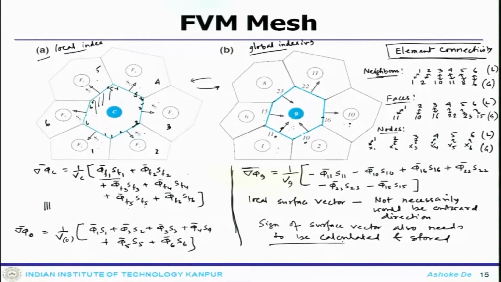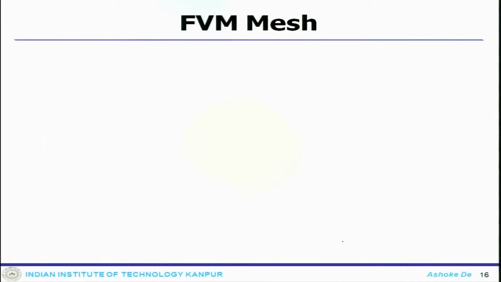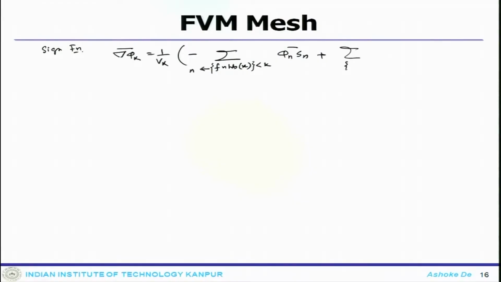Okay. So, how one can do that? So, let us say for sign function, one can use this kind of gradient calculation, let us say delta phi k in general divided by 1 by V k minus summation f n b k less than k, that goes towards n phi n s n plus summation f n b k greater than k goes to n phi n s n.